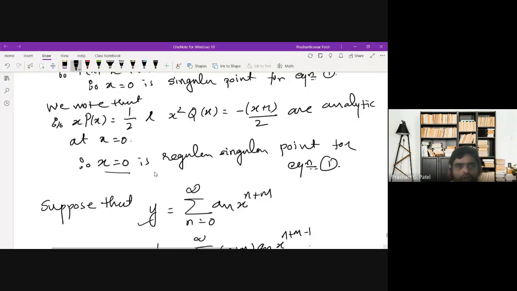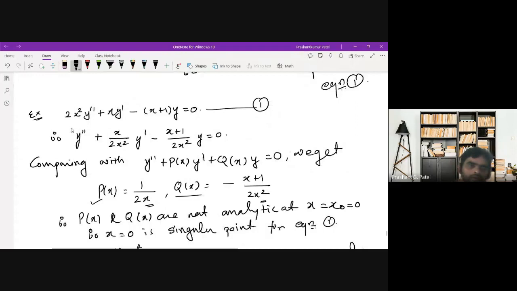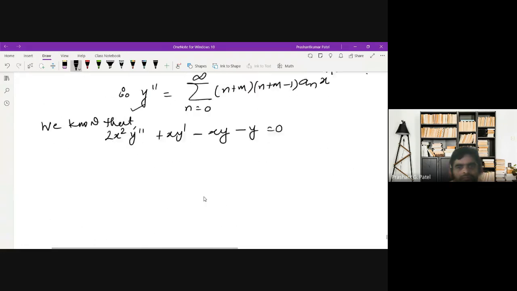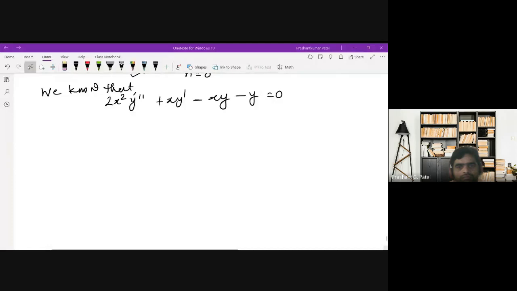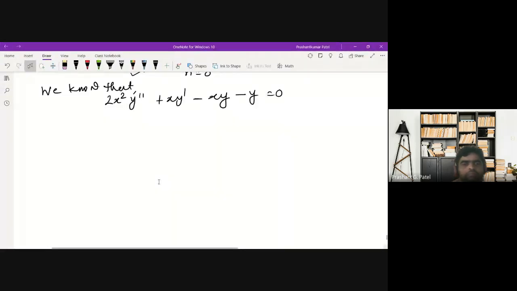The equation 1 is this. So what I did is I just multiply this y into x, and so we can have this. Now we can substitute this value of y dash, y double dash and y into it.